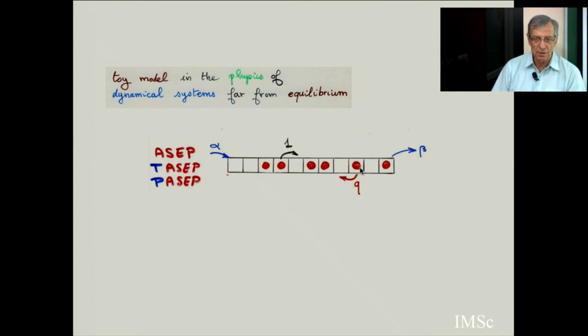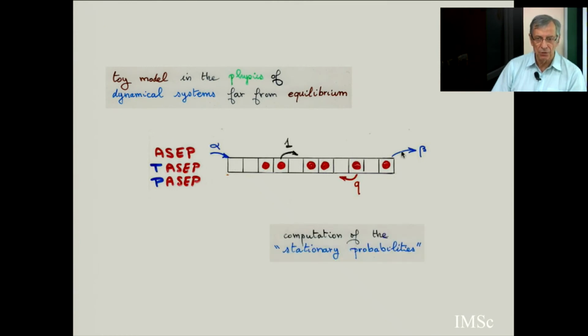If you choose this wall, you can move the particle back with probability q. If you choose this wall here, then one particle can get inside the strip with probability alpha if the cell is empty. Or if you choose this vertical line, then if there is a particle here, you can get it out of the strip with probability beta.